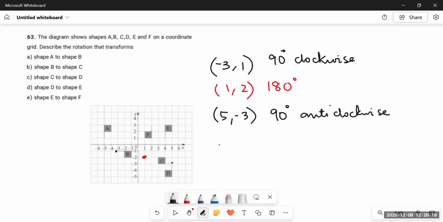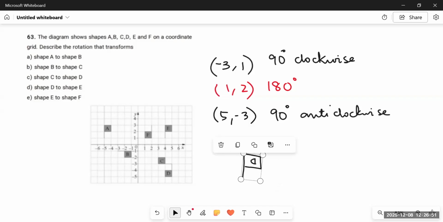Okay. After that, we have to figure out the rotation of shape D to shape E. This is shape D. And when we rotate it, see, this is a 180-degree rotation because this is a 90-degree rotation clockwise, and then this is a 180-degree rotation.